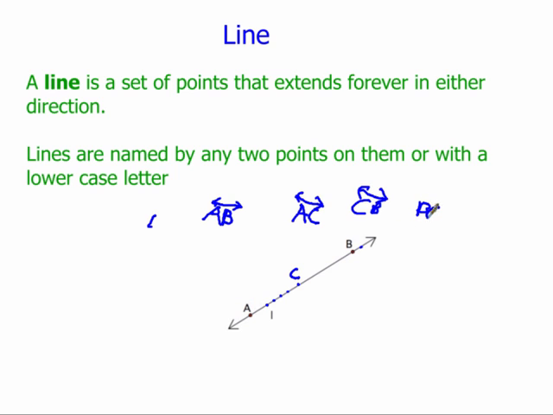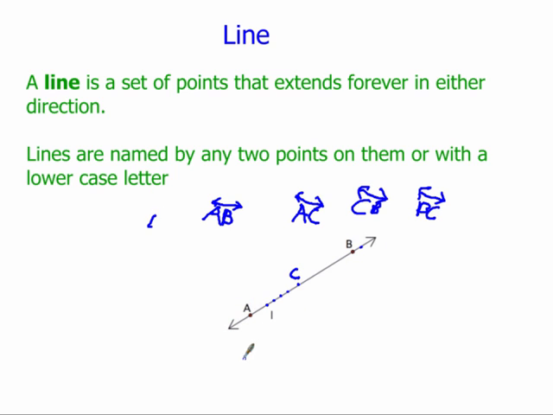For a line, it doesn't matter which direction or which order we put our letters in. All that matters is that we name our lines with 2 points that are on the line, and we draw this little line on top. Or, like I said, a lowercase letter to represent the entire line.